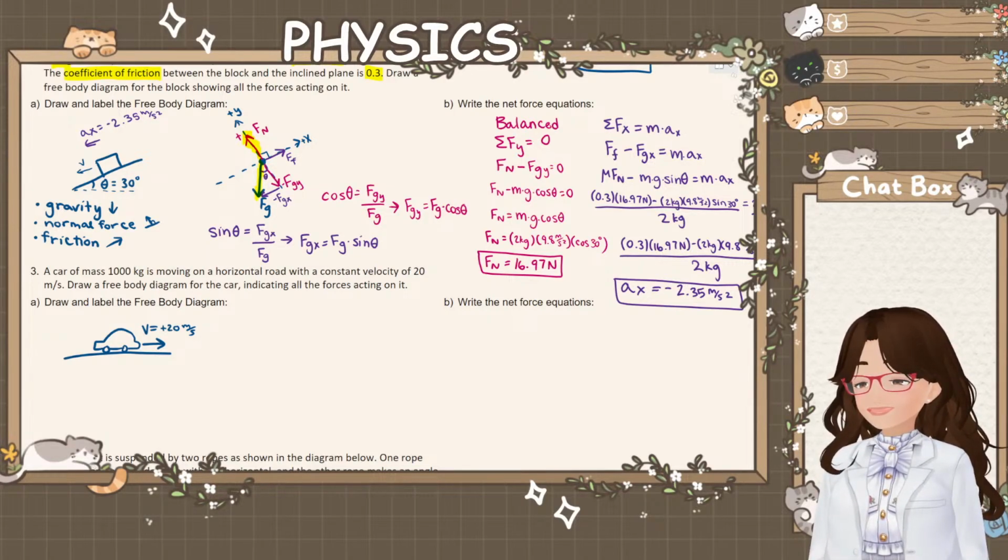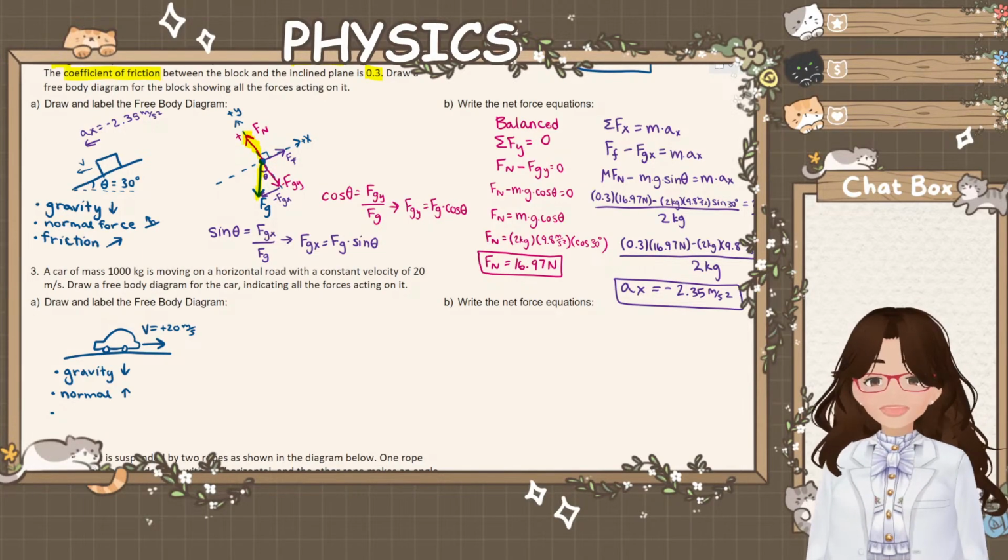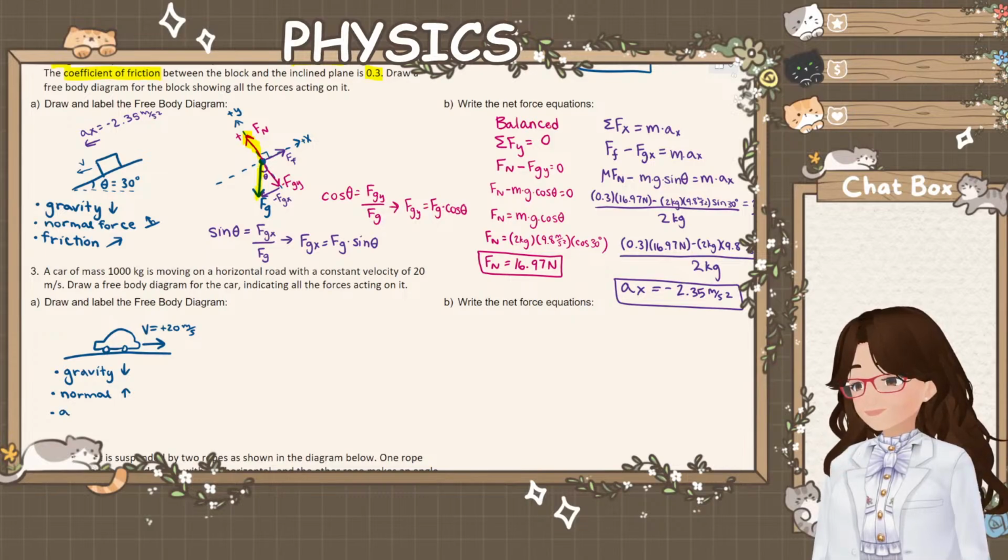So in this case here, when I'm thinking about forces, there's always gravity or the weight of the car pointing straight down. We also have the normal force from the road pointing up. We have the applied force from the car's engine or the thrust force, depending on the class or textbook, that's pushing the car forward.